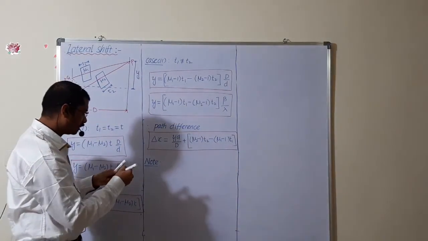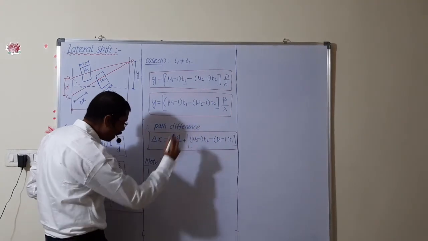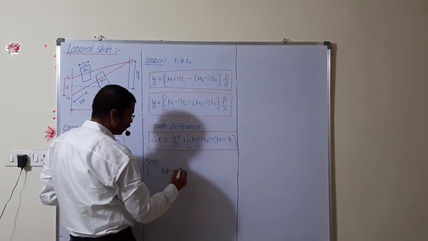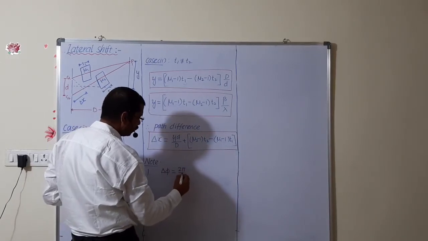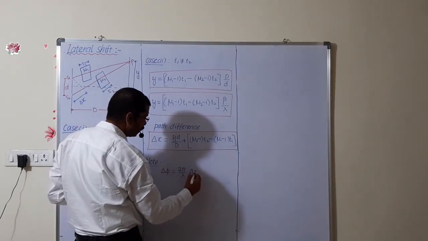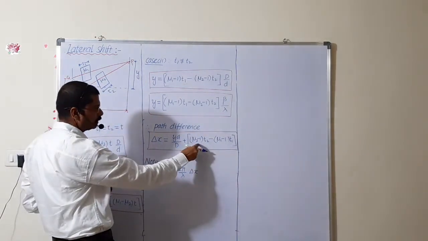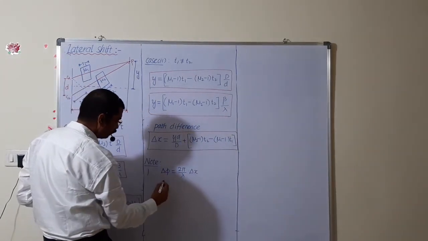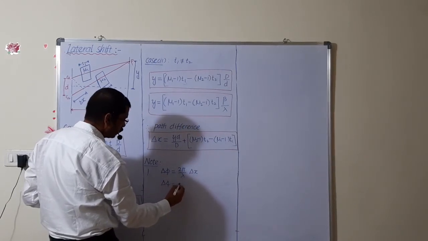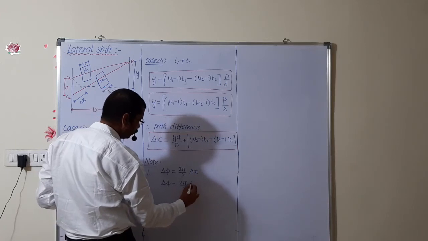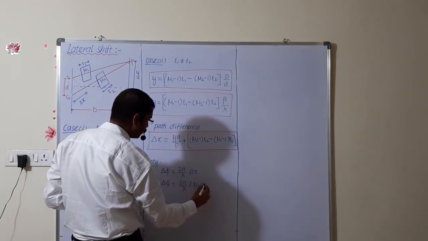If you take the phase difference, what is the formula? Delta phi is equal to 2 pi upon lambda into delta x. If I take a single path difference, we can take this value. Now I am taking delta phi is equal to 2 pi by lambda into (mu minus 1) into t.